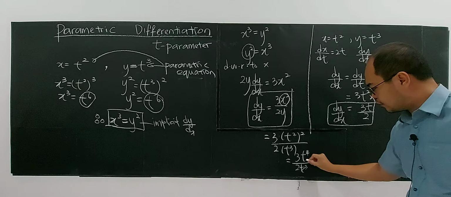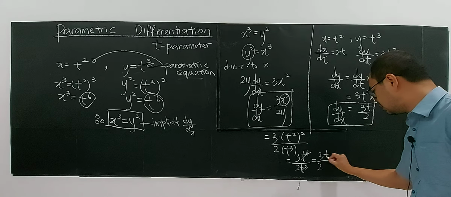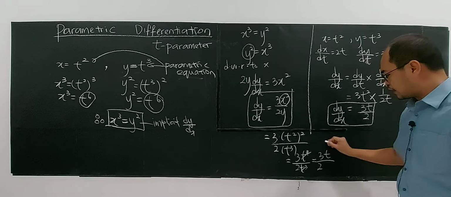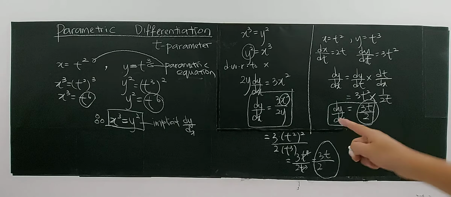If you reduce this, you get 3 over 2 t. Can you see that? The result will be the same.